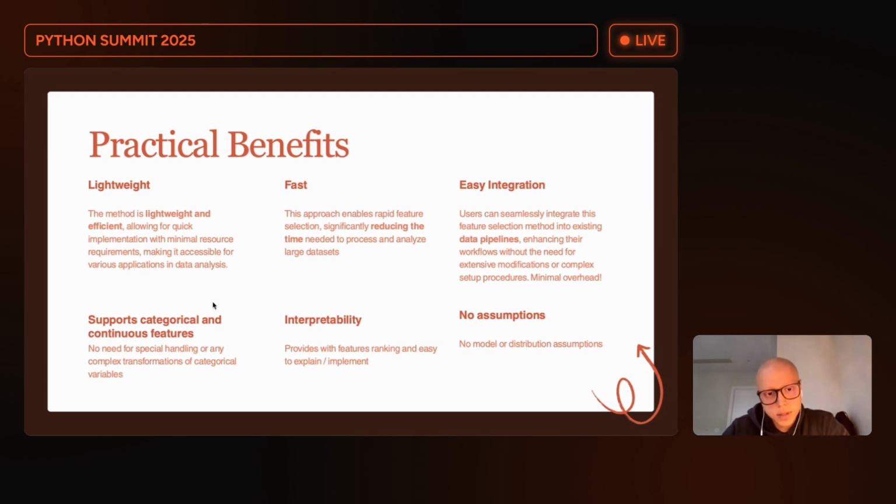It supports any features and it allows to compare them between themselves without special handling, without any complex transformations of categorical variables like one-hot encoding. And it is easy to interpret because it's easy to understand what is actually happening behind the hood.